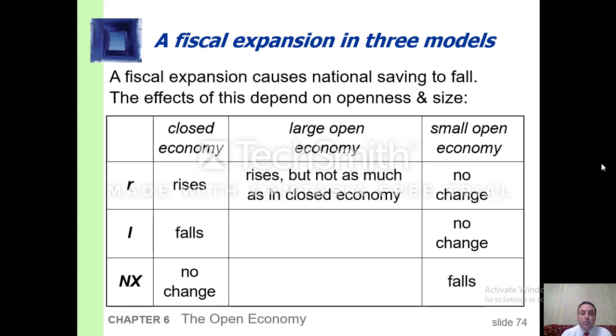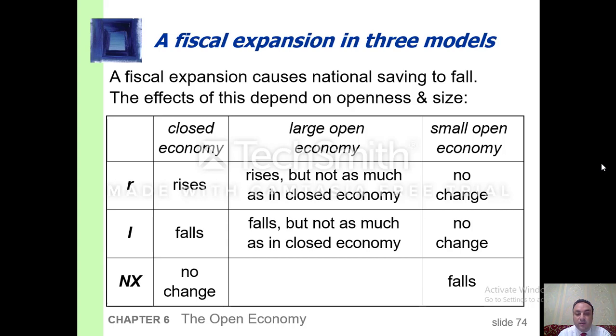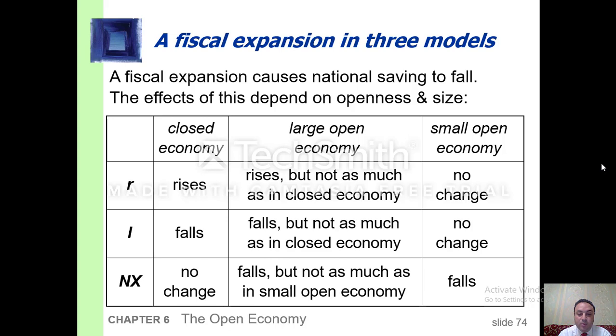In the large open economy, the interest rate rises, but not as much as in the closed economy, so it is something in between. Also, the investment falls, but not as much as in the closed economy, and the net exports fall when the savings fall, but not as much as in the small open economy.